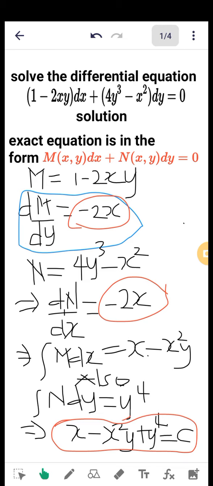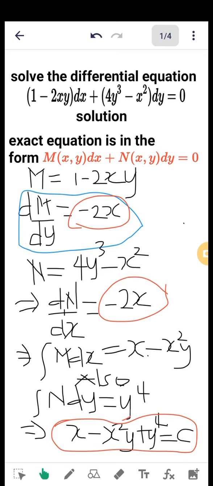So for further testing for exactness, I'll choose my M. By comparing the original equation to the form, my M equals 1 − 2xy, whilst my N equals 4y³ − x².